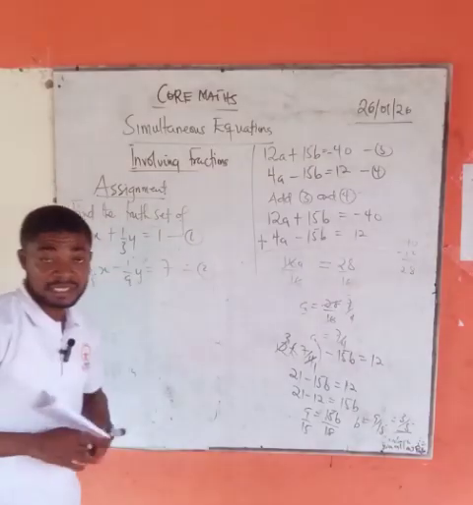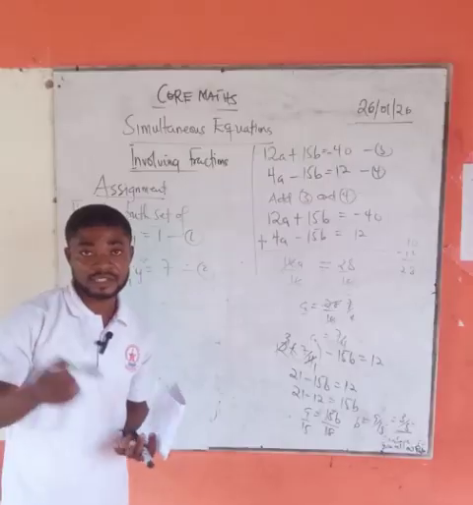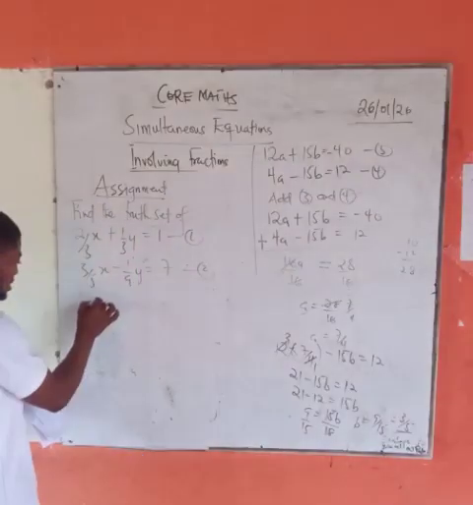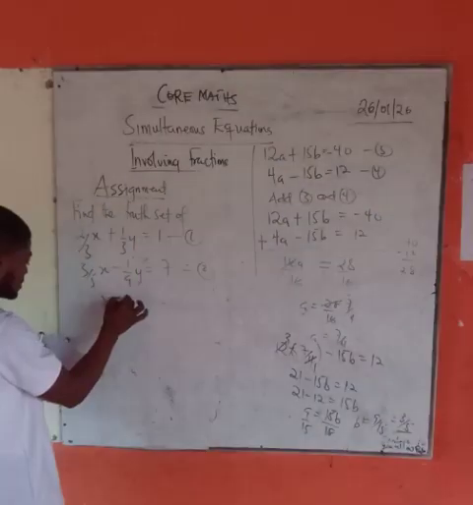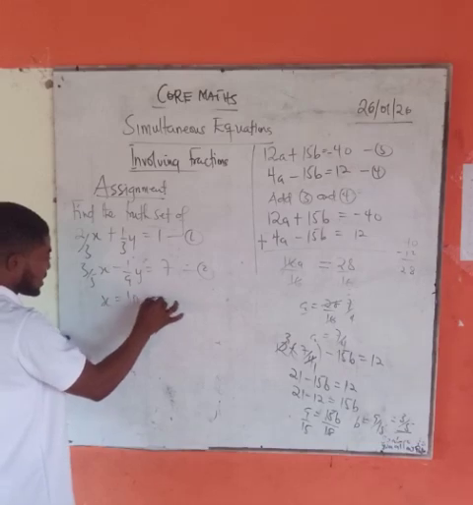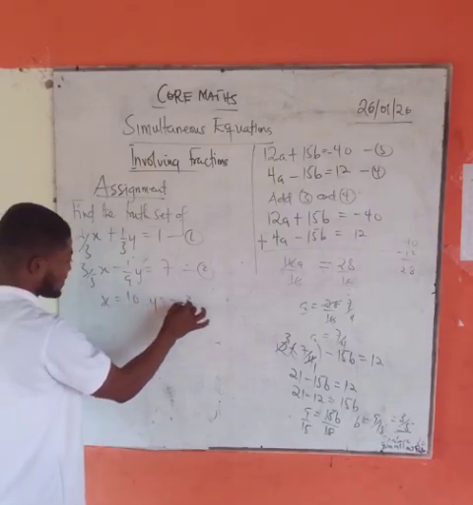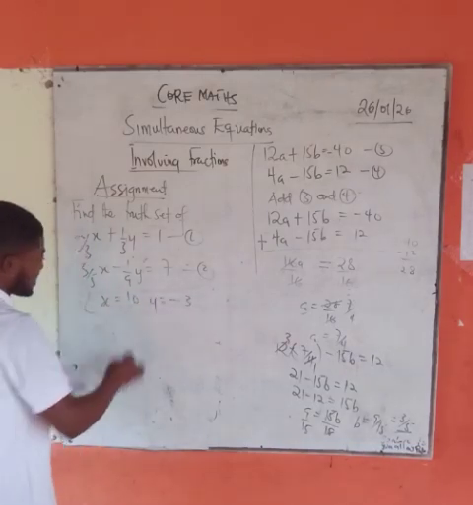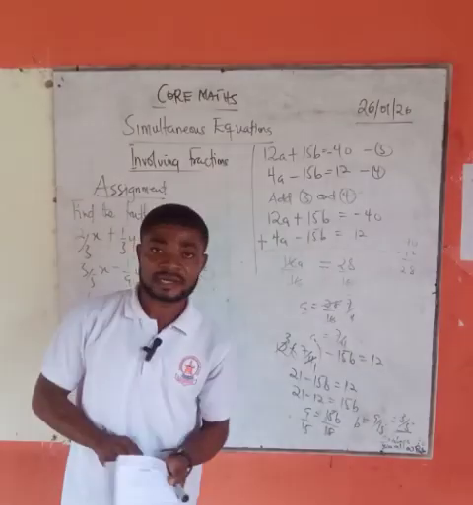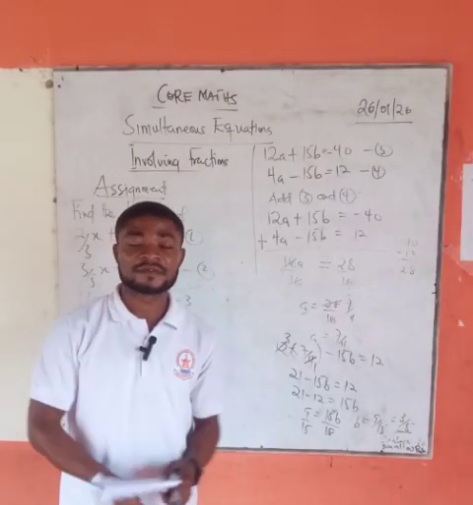Alright, so I'm giving you a clue. I'm giving you answers so that you work towards these answers. So at the end of the day, you are going to get x to be equal to 10 and then y to be equal to negative 3. So this is what you should be expecting. Work towards this answer and then enjoy the rest of your day.